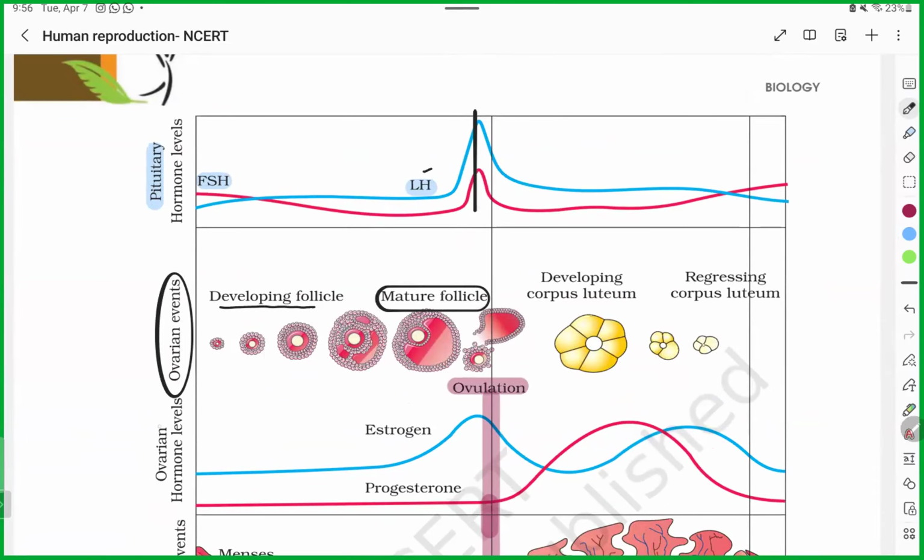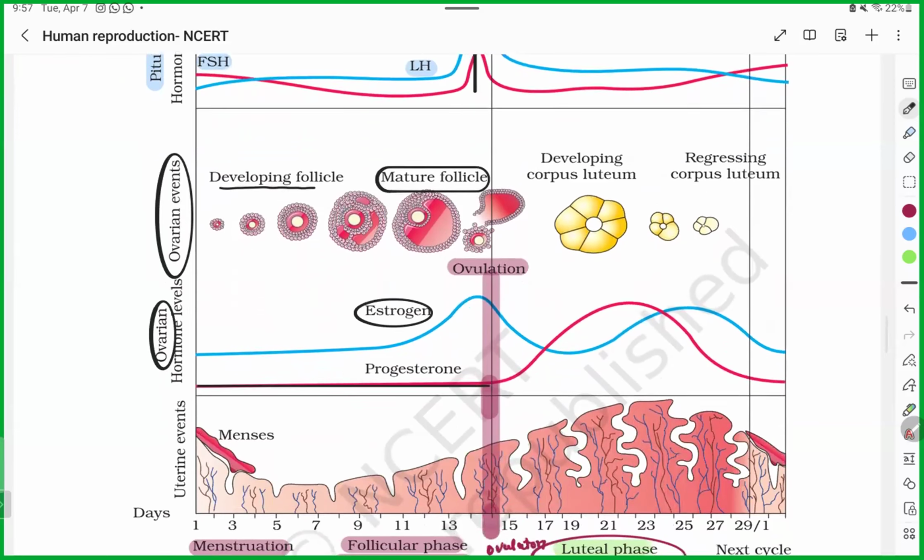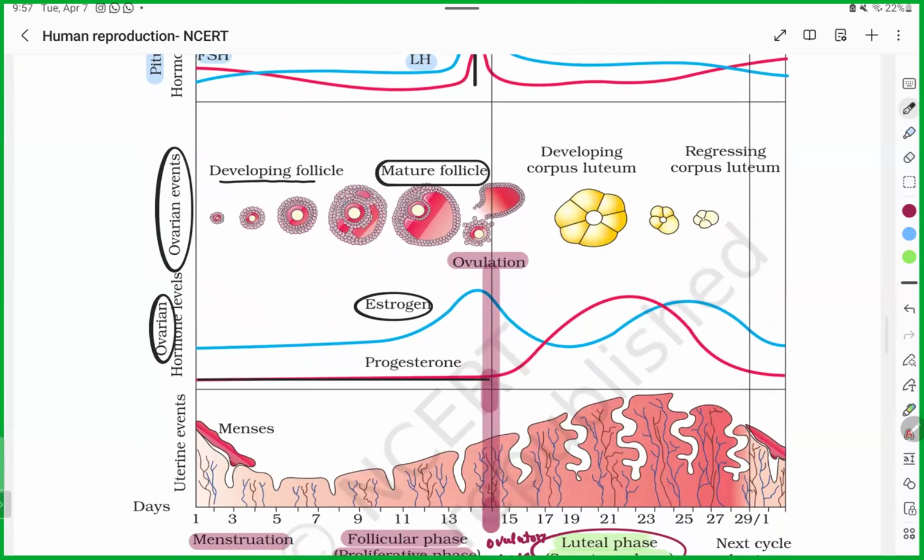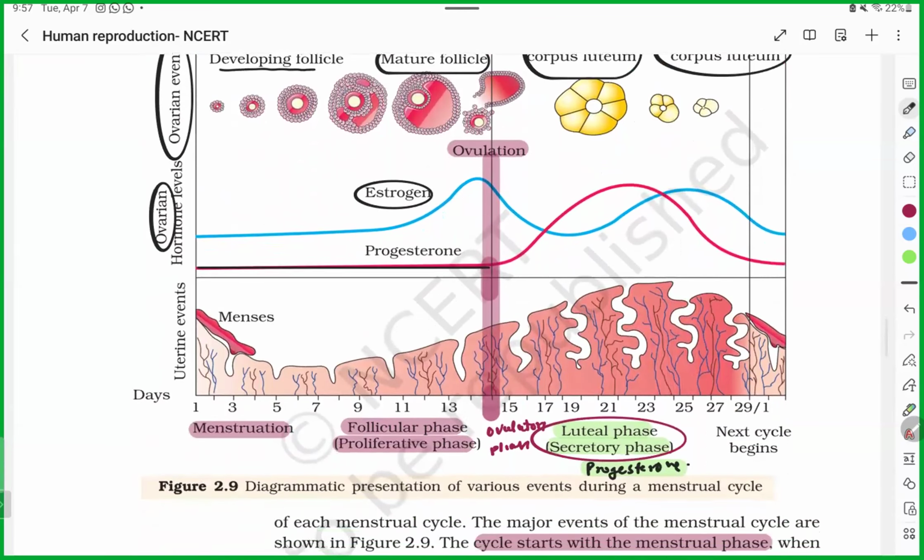LH, FSH, and ovarian hormone, mainly estrogen. Because as you can see, progesterone level is almost the same. Ovarian event: the corpus luteum will keep on developing if there is a pregnancy. No pregnancy, no fertilization, the corpus luteum will regress. Done.